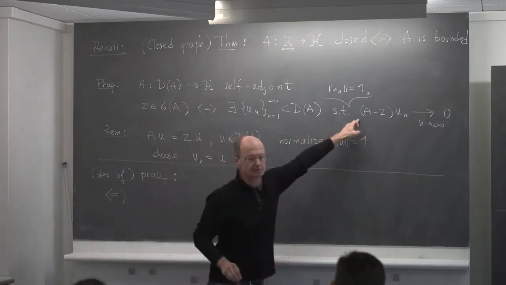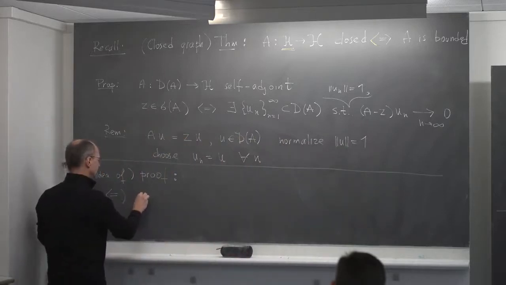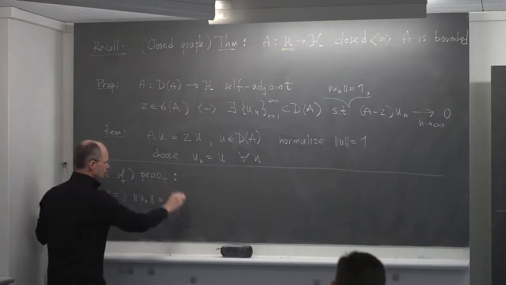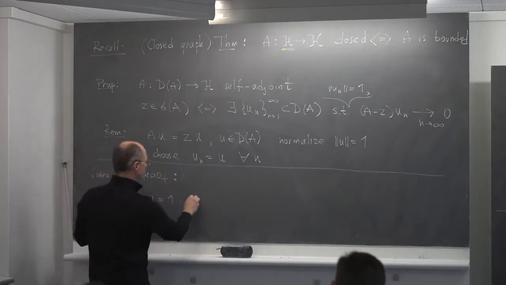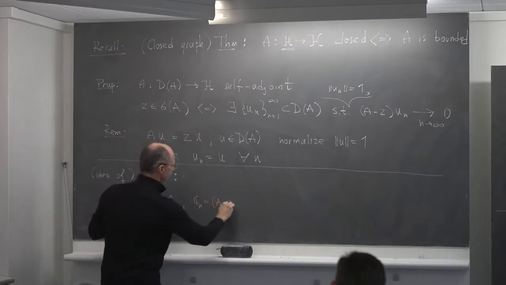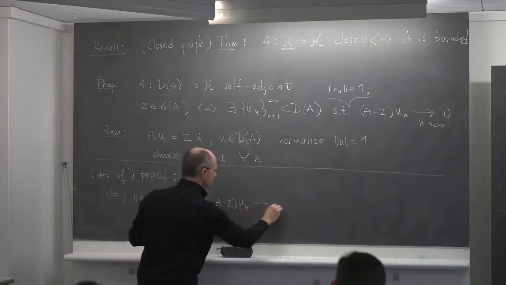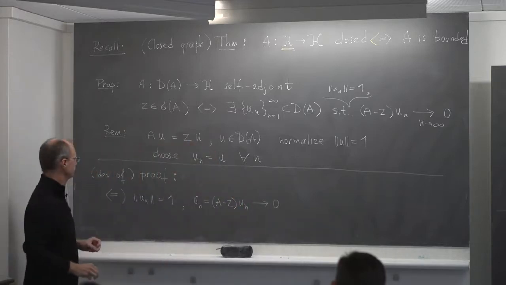We have this sequence u_n, the norm is equal to 1, and let me denote the vectors (A minus Z) u_n by v_n. And this converges to 0.